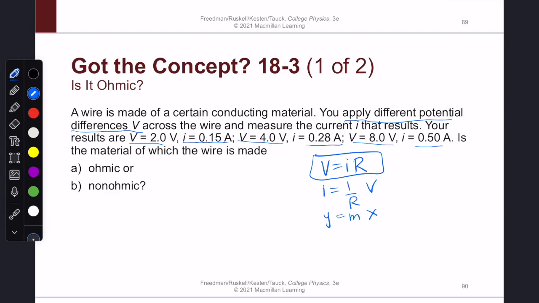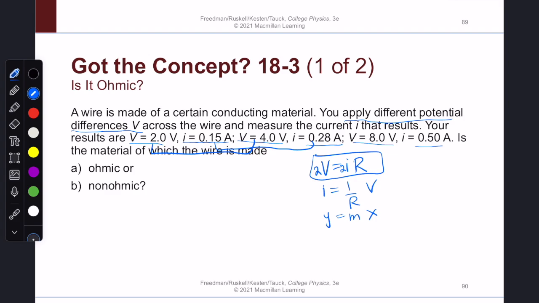So if this object were to be ohmic, if we increase the voltage by a factor of 2, we should also expect to see a factor of 2 increase in the current. Okay, so do we see that? We increase the voltage by a factor of 2. Does this increase by a factor of 2? Not quite.